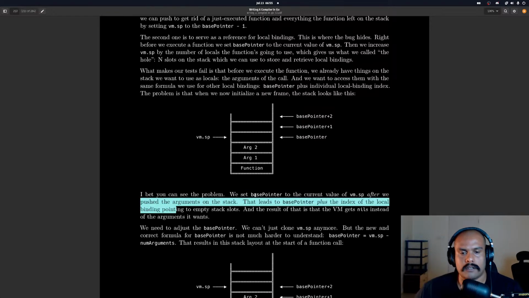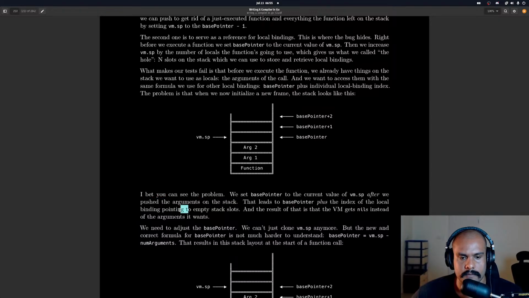After we push the arguments on the stack, that leads to base pointer plus the index of the local binding.